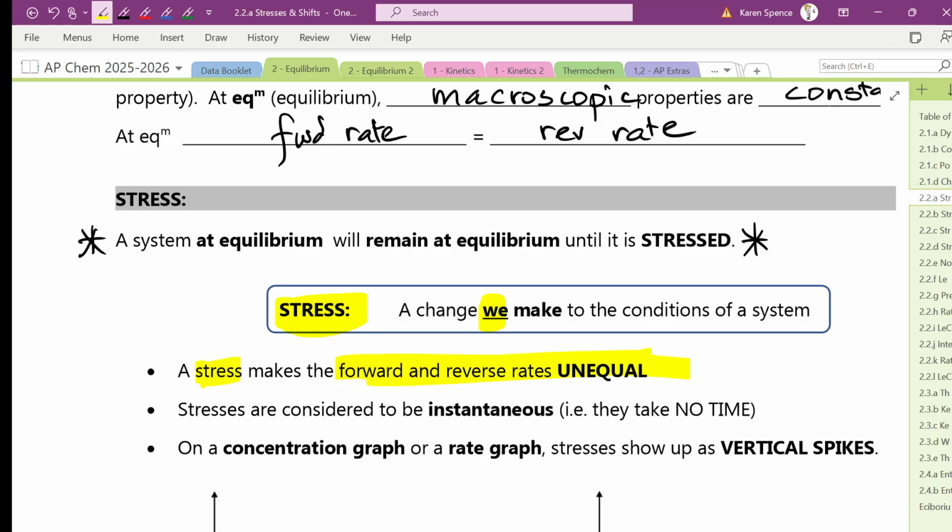If somehow I were able to inject some more, like say there was a rubber stopper in here and I put a hypodermic needle in there and I injected some more product, that would be assumed to be instantaneous, happening in no time whatsoever. It is an assumption to make the graphing tidy.